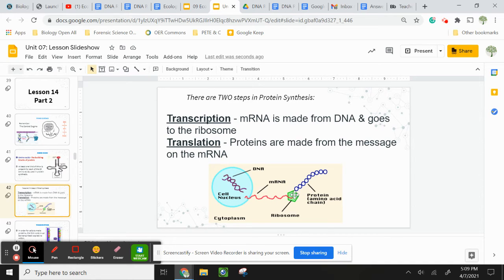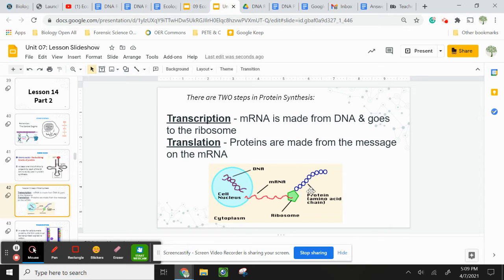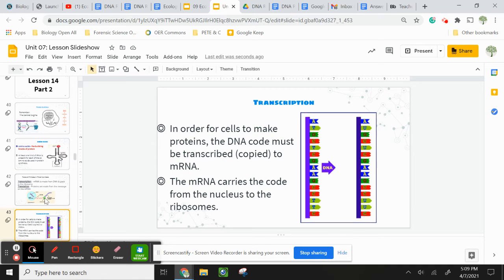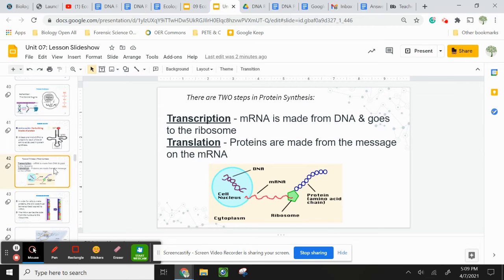And once it finds that ribosome, transfer RNA will bring over amino acids one at a time. They'll link together, and voila, you have a protein or an amino acid chain. In order for cells to make proteins, the DNA code must first be transcribed. So, like we said, our two steps are transcription and translation.